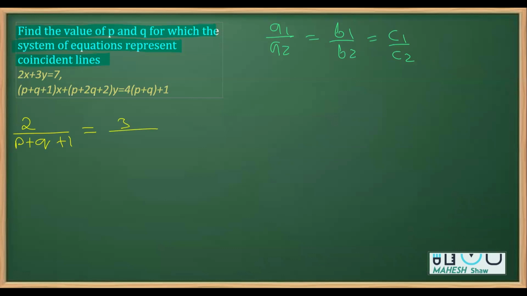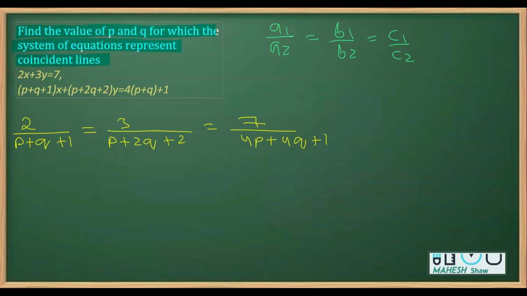So the b1, which is 3 here, divided by b2, and b2 is p plus 2q plus 2, should be equal to c1 over c2. c2 is this whole thing. Now make sure that they are on the same side, right? If your c1 is on the left hand side of equal to, c2 must also be on the same. Now I should write this by opening the bracket. This way we can reduce the number of steps. It is 4p plus 4q plus 1.